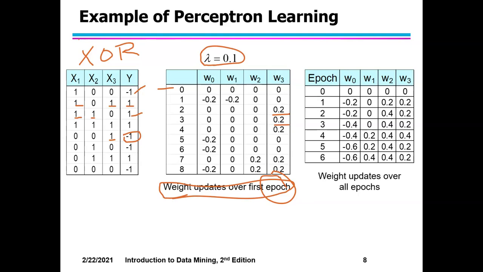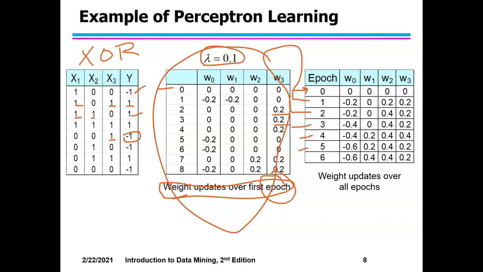See over here, let's suppose this is your first epoch, and it will go here. This is your second epoch, this is your third epoch, this is the fourth epoch, and the fifth, sixth, and seventh epoch.